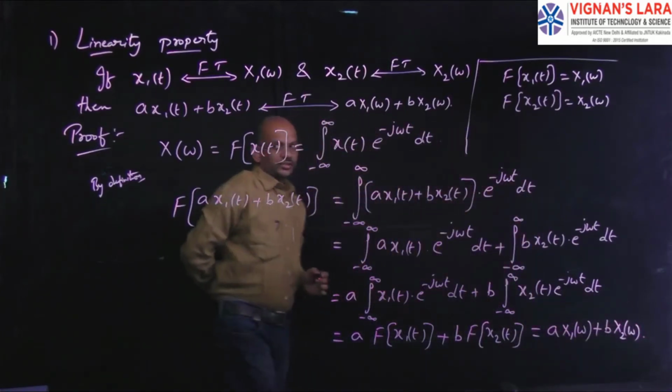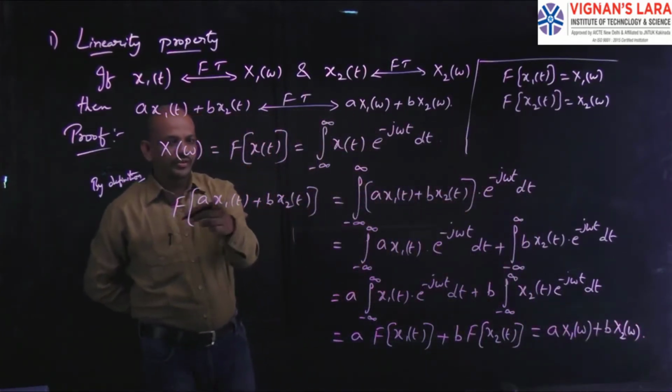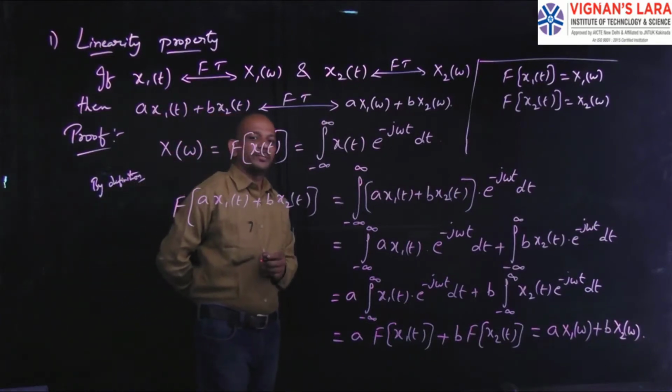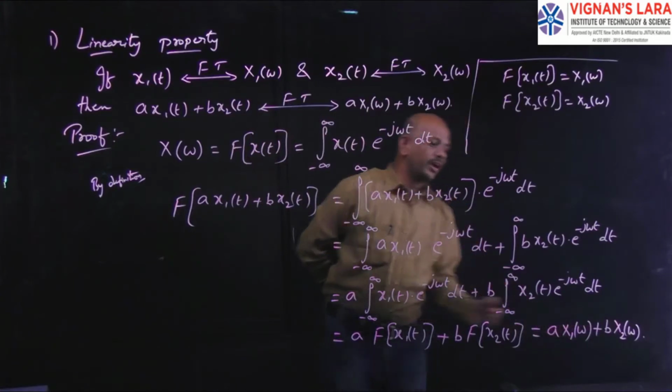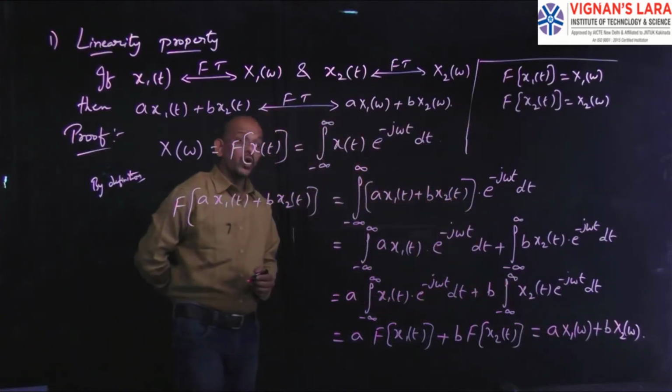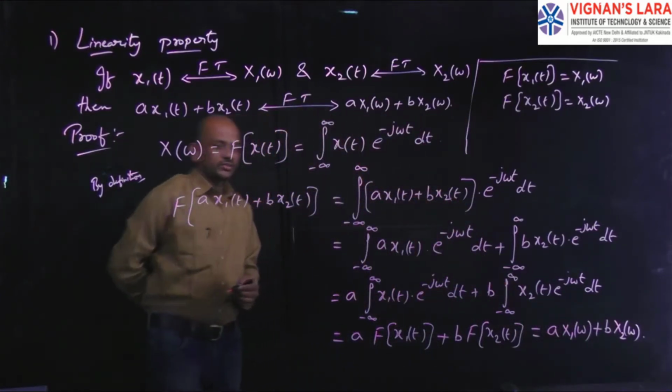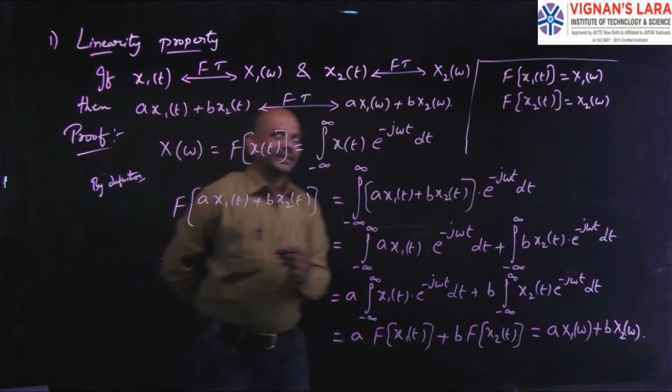Okay, so Fourier transform of a x1 of t plus b x2 of t will be equal to a X1 of omega plus b X2 of omega. So the final one we can write like this.